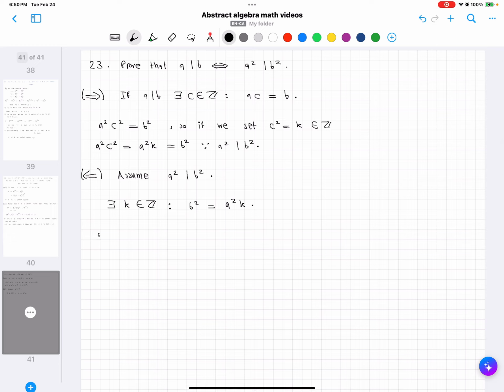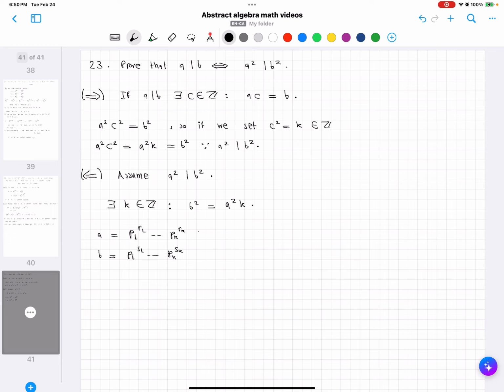So write A as P1^R1 up to PK^RK, and B as P1^S1 up to PK^SK.